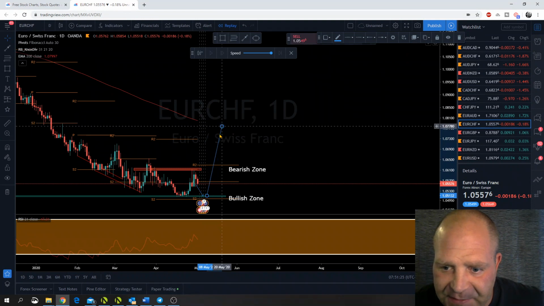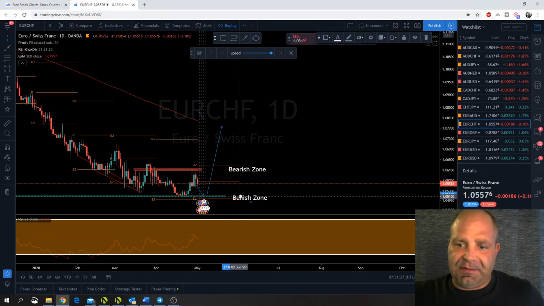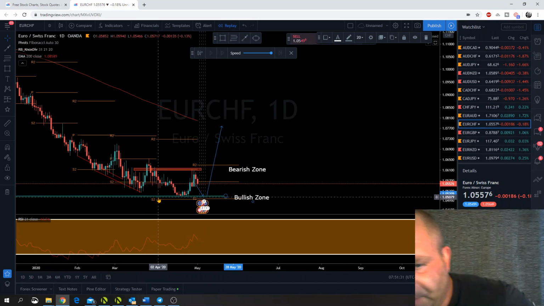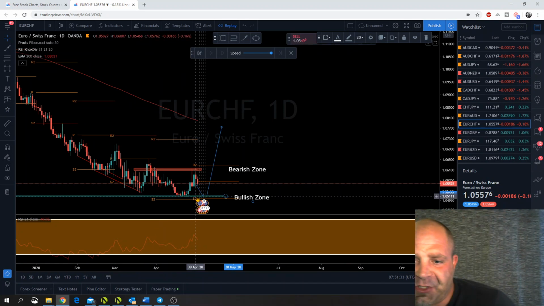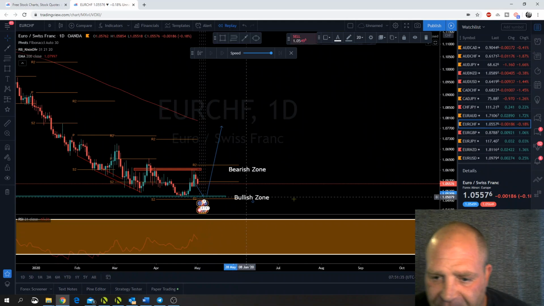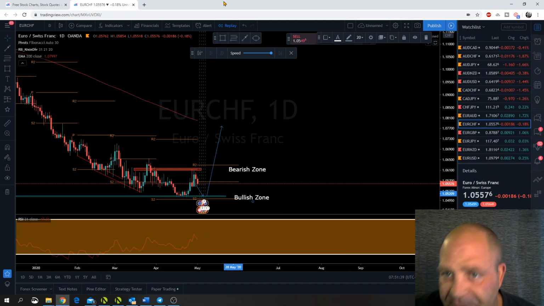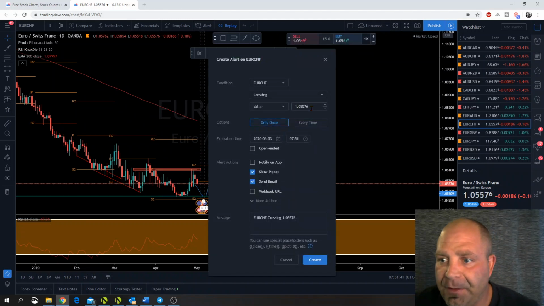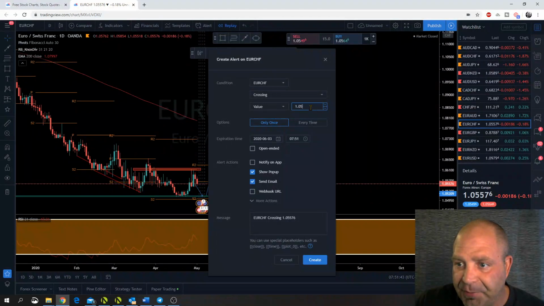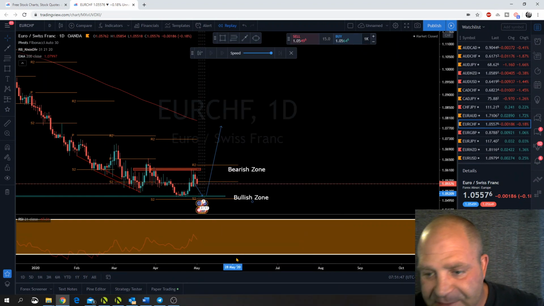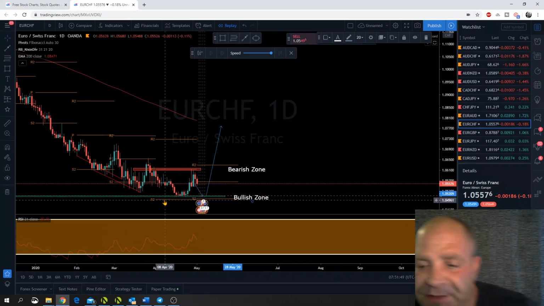We wait for price to get to this area of strong support. We look at a smaller time frame for confirmation, and this is one you could hold for quite a while. 0.5132. We are always looking to plant seeds in a really good spot. That is a good spot.